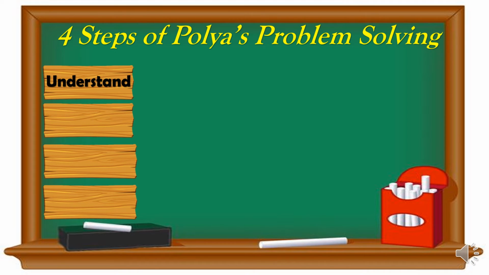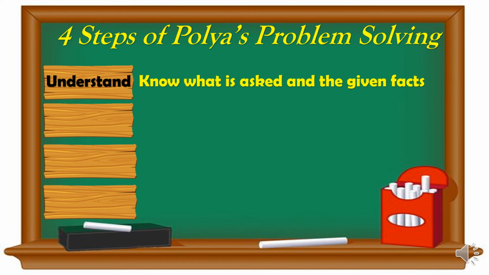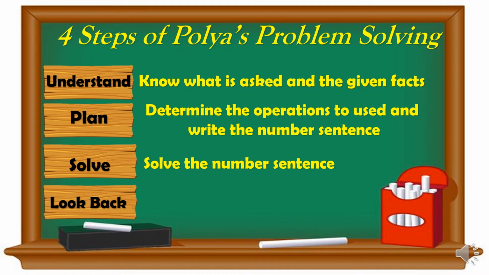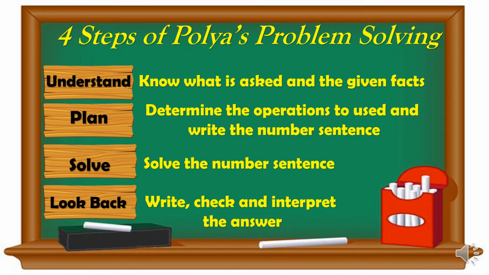First is understand: know what is asked and the given facts. Next step is plan: determine the operations to be used and write the number sentence. The third step is solve: solve the number sentence. And we have look back: check and interpret your answer.